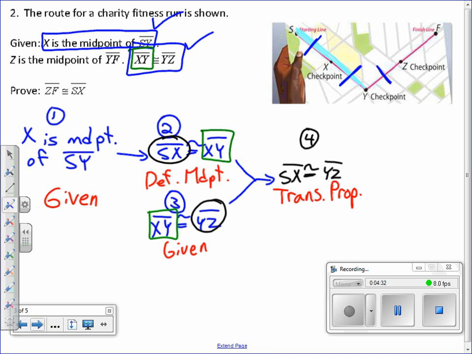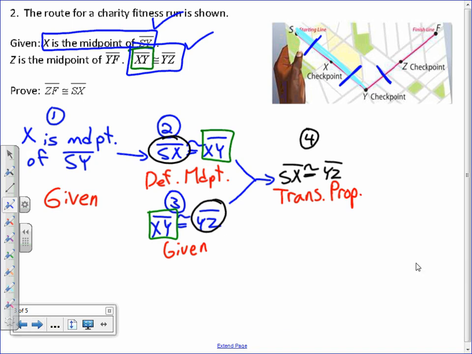And this is where you need to be a little bit thoughtful of how you want to organize your thinking. Right now, if somebody that didn't really know what the proof was looked at it, they could follow this train of thought. You could start at number 1, go to number 2, realize number 3 is right below it, then realize number 4 is off to the right. So it follows a train of thought.